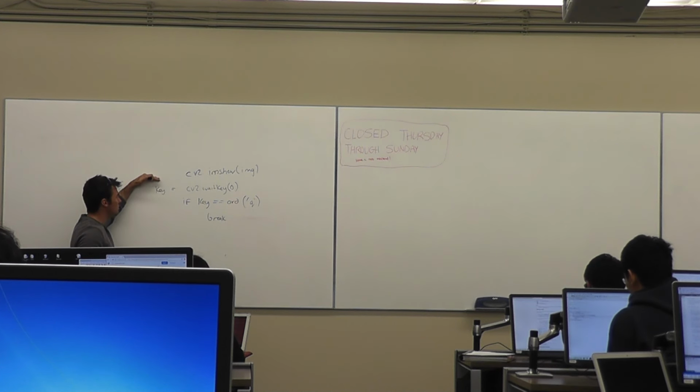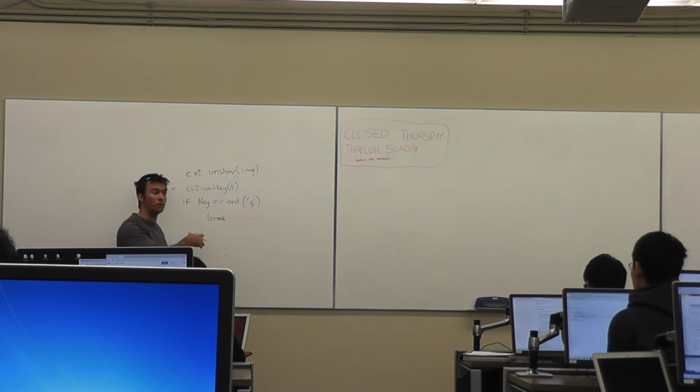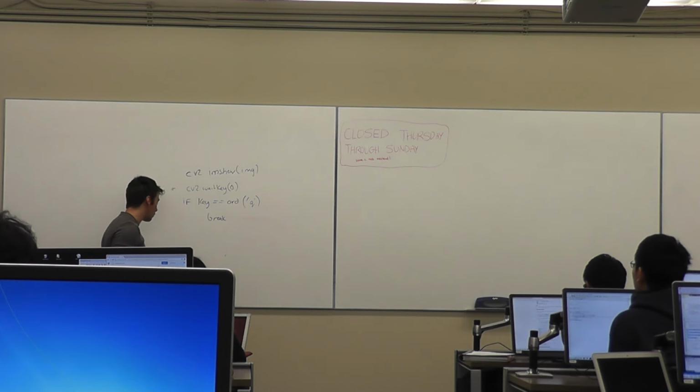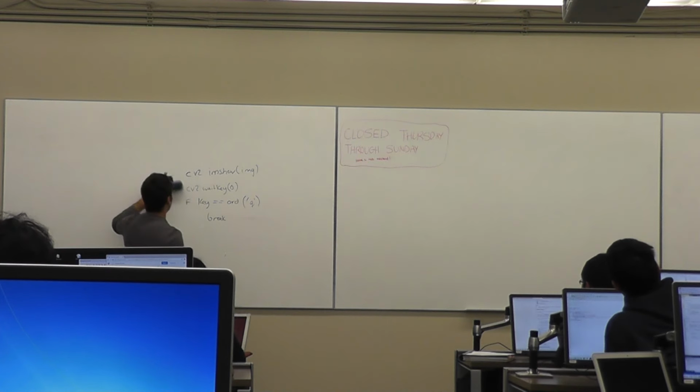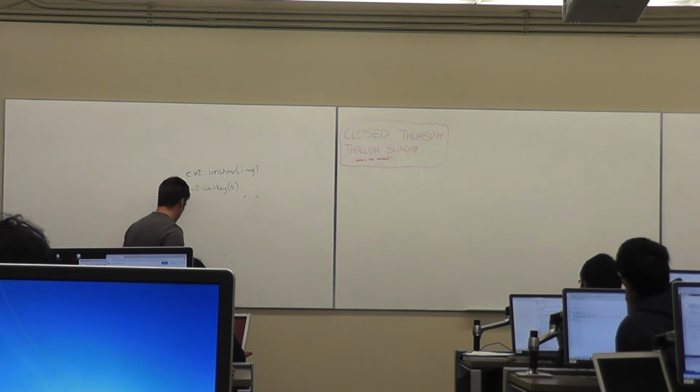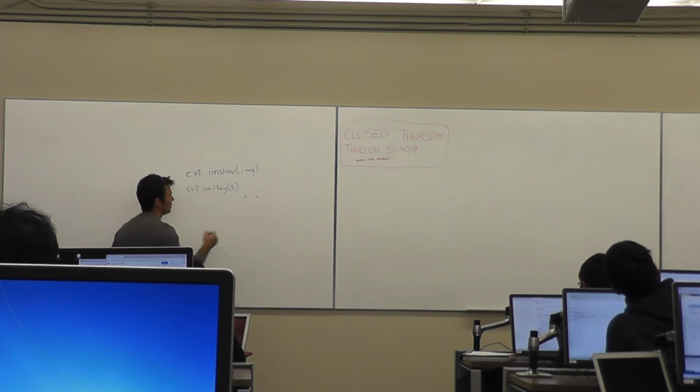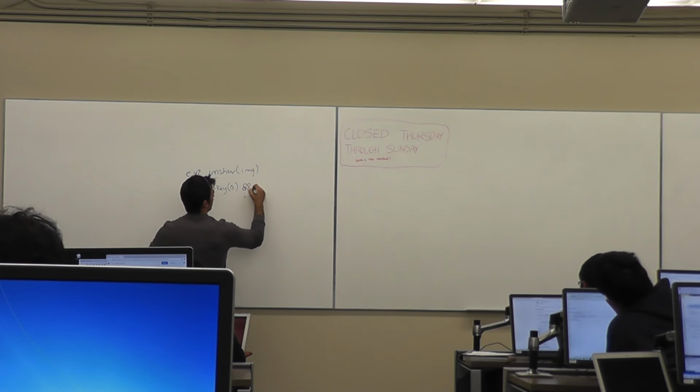This could be in a loop if you're doing video, then it would break the loop there. Okay, well, what they did is they didn't do that. What do they do? Read the rest. It's & 0xFF.